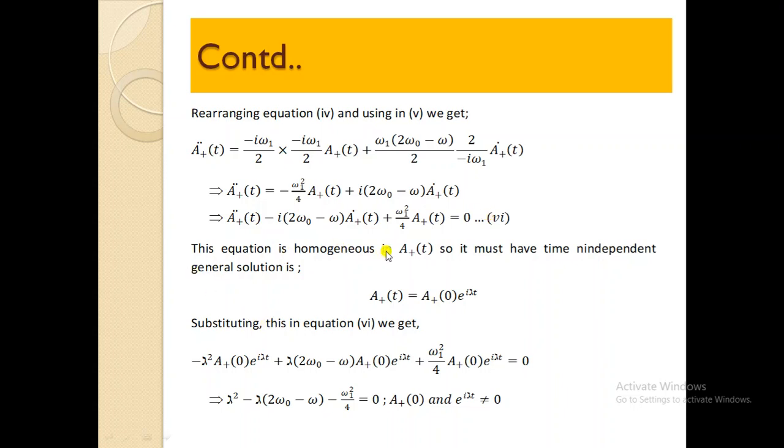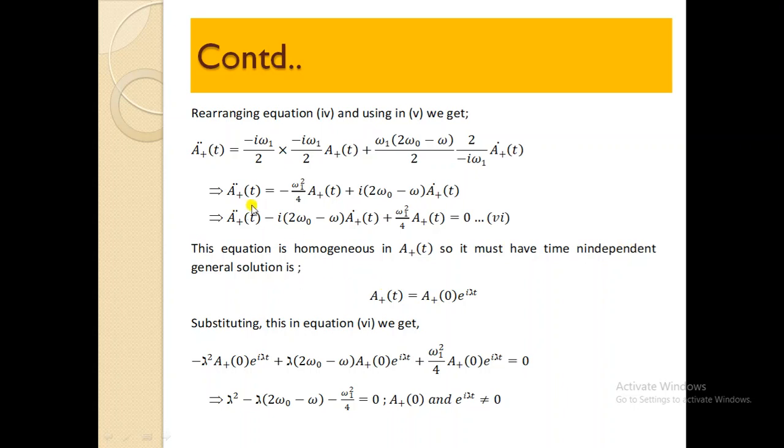This equation is homogeneous in a plus t, so it must have a time independent general solution, or homogeneous solution. Homogeneous, so it can have a simple, time independent solution.